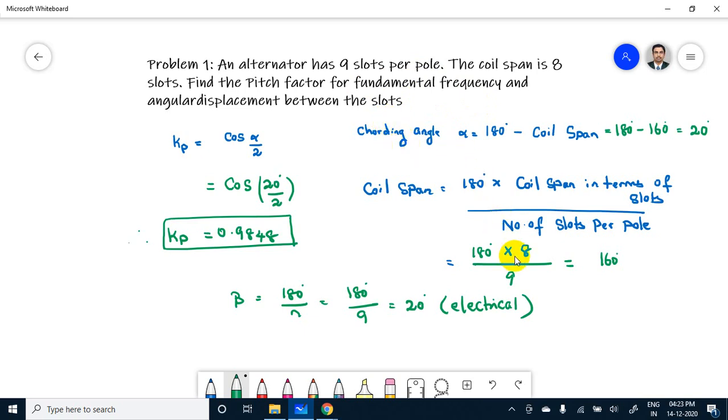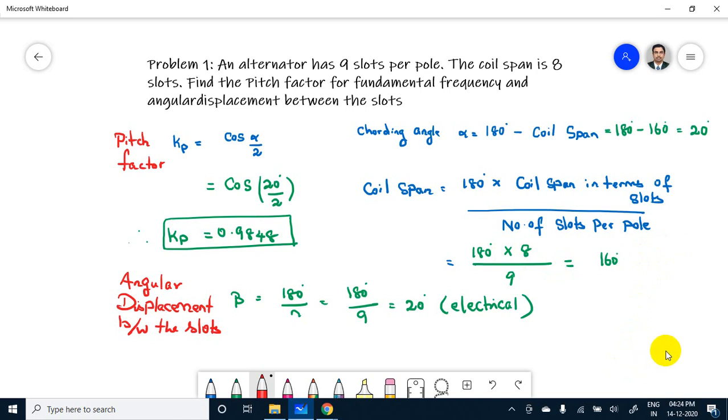So the pitch factor for fundamental frequency will be Kp, and this beta will be the angular displacement between the slots. Okay, this is problem 1.